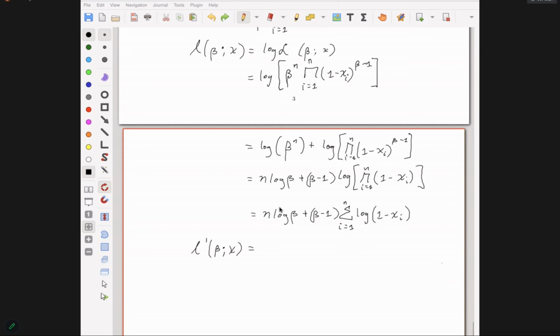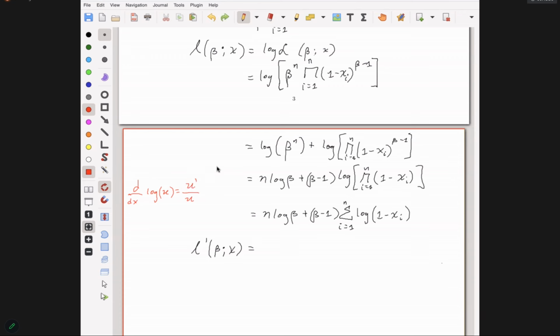Okay, so as a reminder, we're taking the derivative with respect to beta, but the derivative with respect to x of log of u, where u is some function of x, is equal to u prime over u, where u prime is the derivative of u with respect to x.